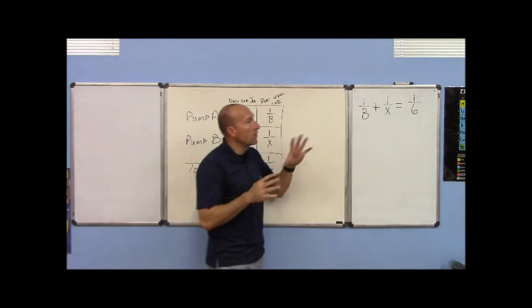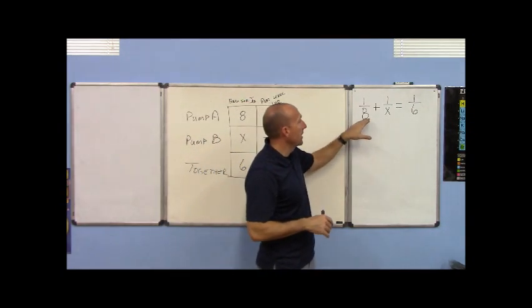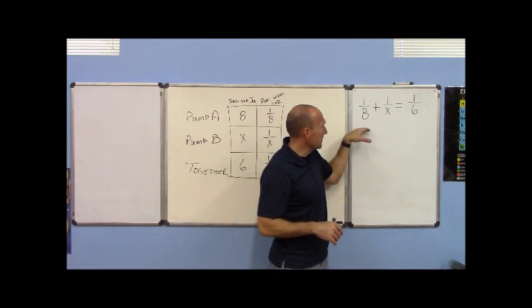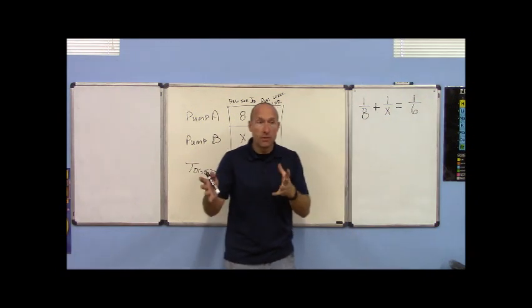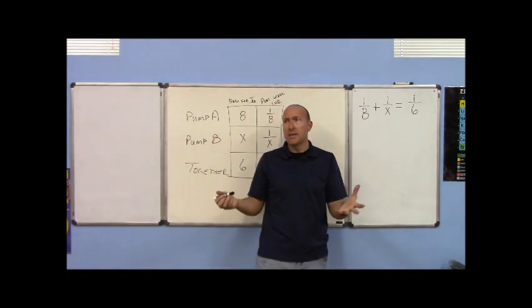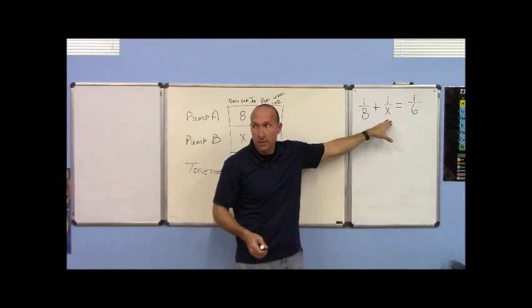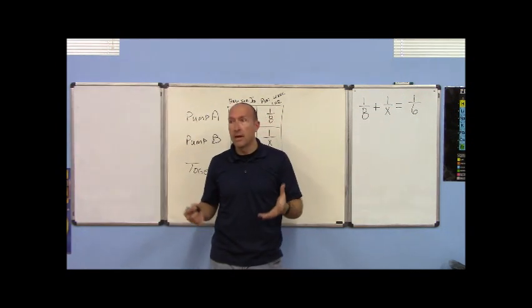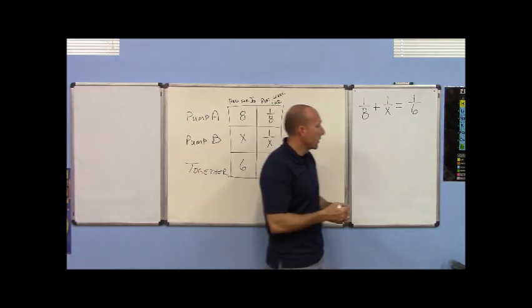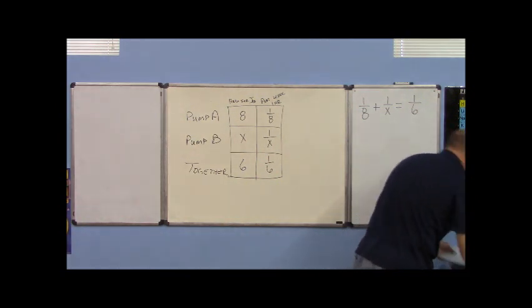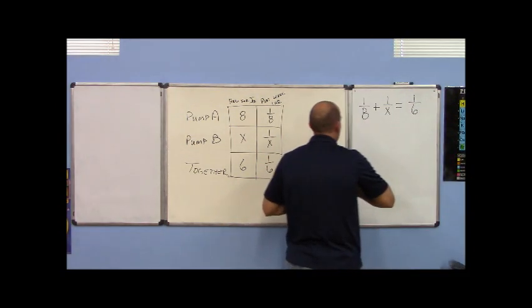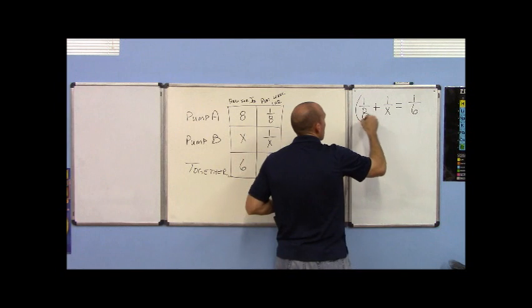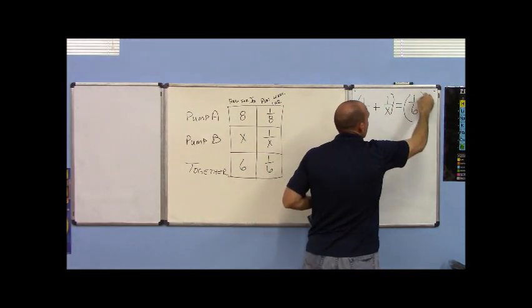First of all, what's a constant common denominator for 8 and 6? 24. 24, absolutely. Well, x has to play a factor in this as well. So we will have 24x. Okay, we're going to multiply everything times 24x. This part and this part.